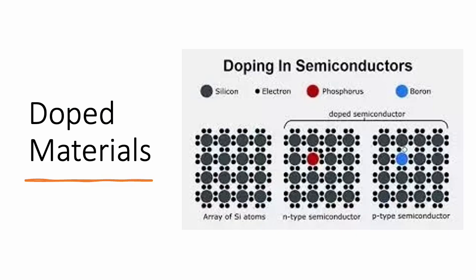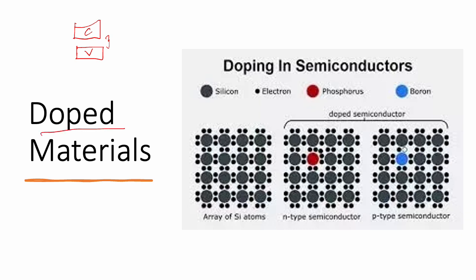We have discussed earlier that in semiconductors, the band gap is moderate in size. So if this is the conduction band, and here we have the valence band, it has a band gap of moderate size. And here we can manipulate the properties of this material. This manipulation can be done through doping.